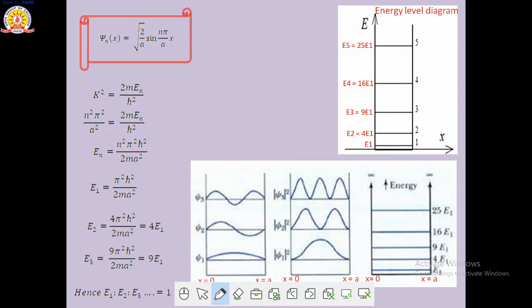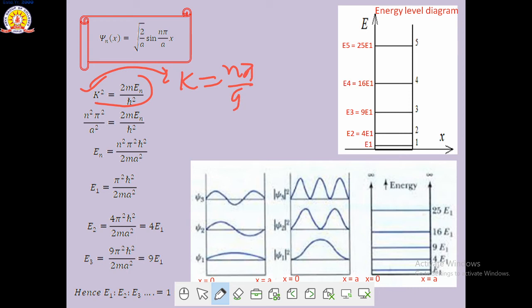Already I mentioned that capital K square is 2mE upon h cross square, and K we already got as the value nπ upon a. So put that value here.